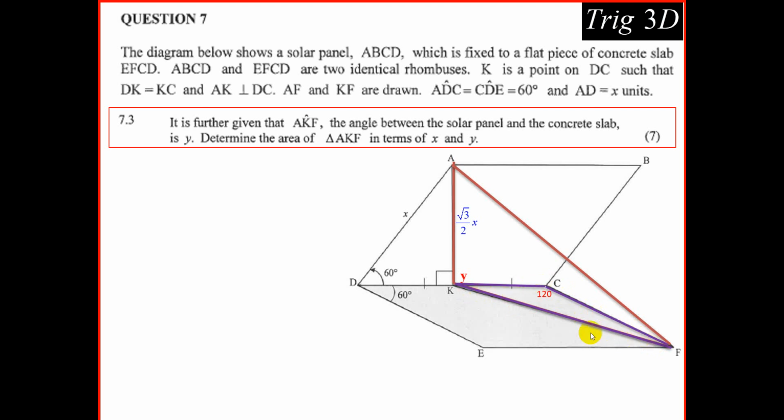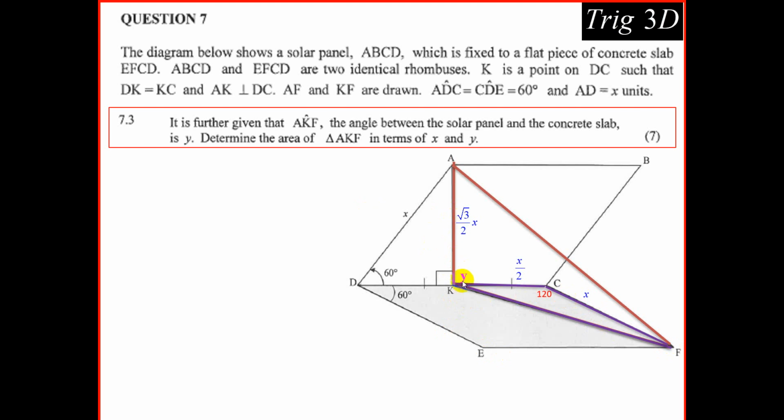So if we look at triangle KFC, we want to find KF. Now you notice that KF is opposite the angle, which is 120 degrees. So do we know how long KC is? And do we know how long CF is? Remember, the question said it is a rhombus, and they also told us that we have identical rhombuses.